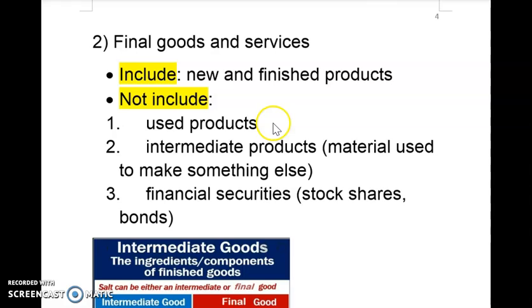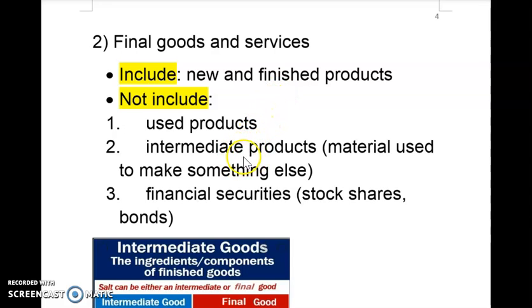Used products were new back in 2019. They have already been counted in 2019's GDP. So in 2020, they should not be counted because they were not produced within the same year. Do you get it?